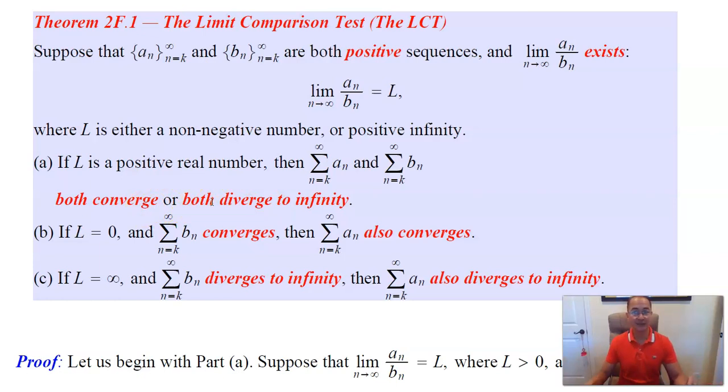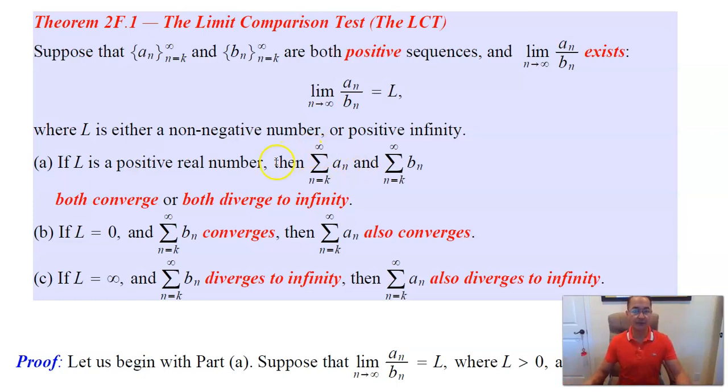So notice the difference. We're taking a limit. We're not saying that one is smaller than the other or bigger than the other. When that limit is an ordinary positive real number, the two series either both converge or they both diverge to infinity. They do the same thing. They behave in the same way.